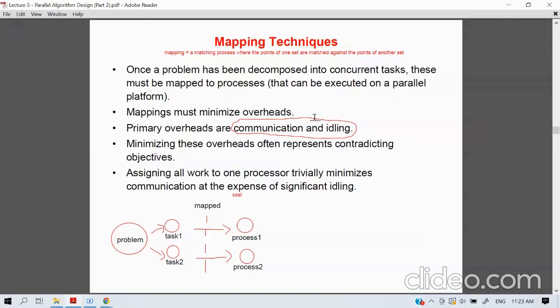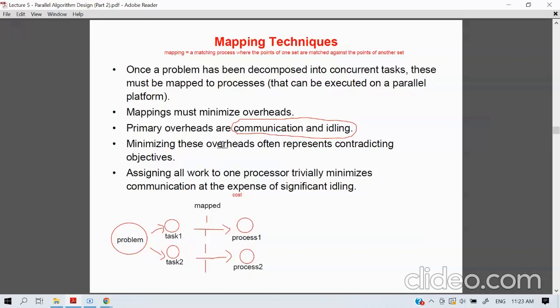We want to divide the big task into several subtasks or concurrent tasks, so of course it will affect the communication between one task and another. And why idling? When we deal with many concurrent tasks, several tasks need to wait for another task to finish. So there is an idling issue there.